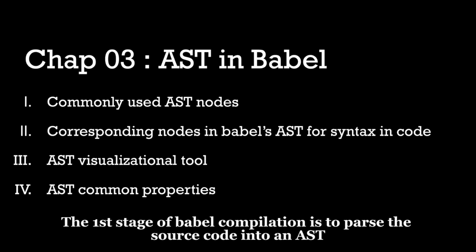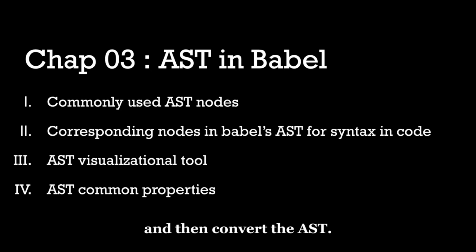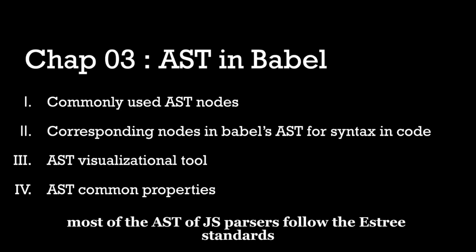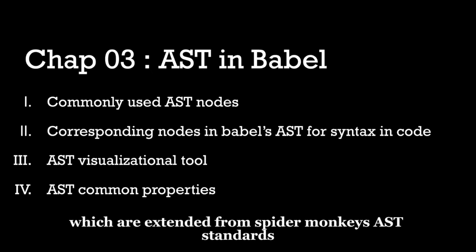The first stage of Babel's compilation is to parse the source code into an AST and then convert the AST. Most of the ASTs of JS parsers follow the AST standards, which are extended from SpiderMonkey's AST standards.